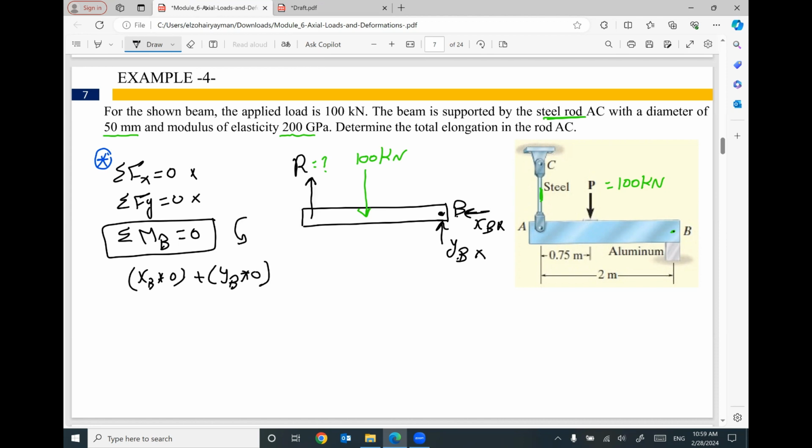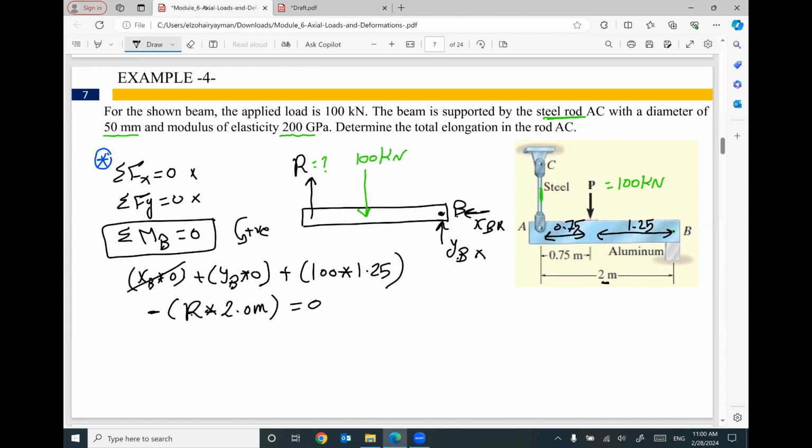I'm going to assume counterclockwise is my positive. So we have positive 100 times distance 1.25 meter. This distance will be 1.25 because this other distance is 0.75, so the total will be 2 meter. Minus R times the total distance of 2 meter equals 0.